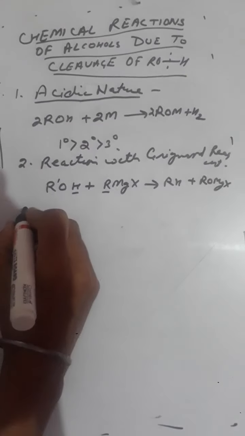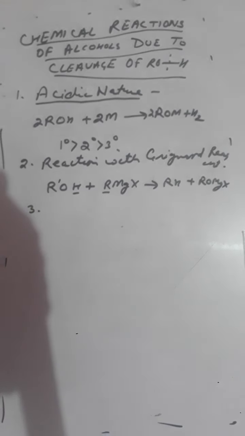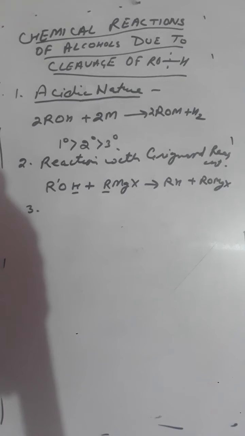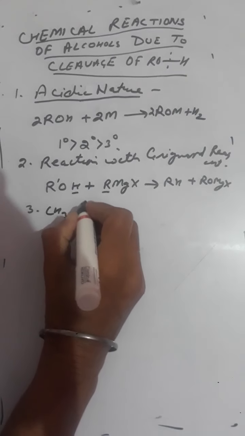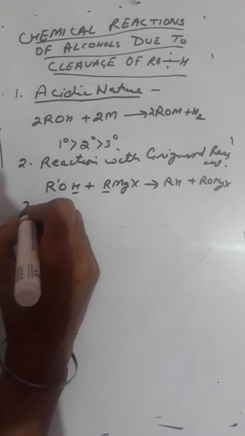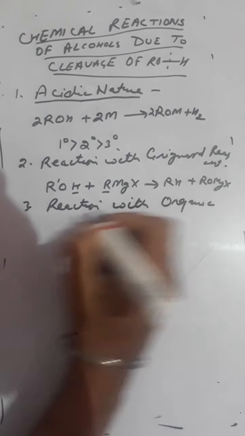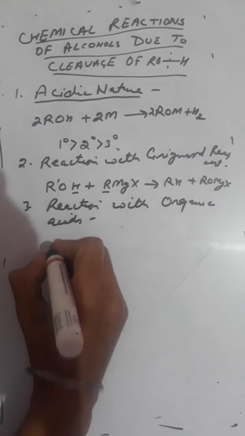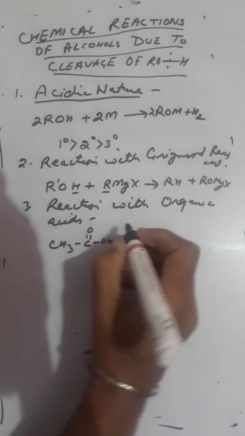The third reaction is the reaction with organic acids, and when this reaction is carried out in the presence of HCl, we call it esterification. This is the reaction: CH3C=O with OH, this is your acetic acid.